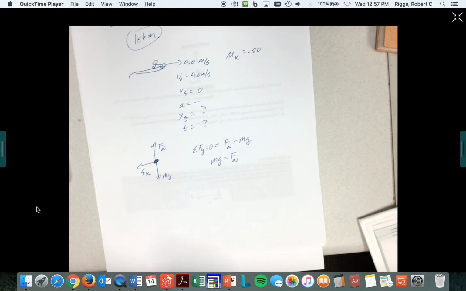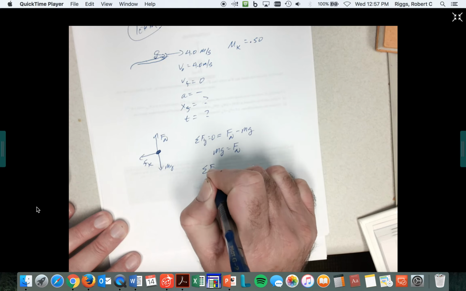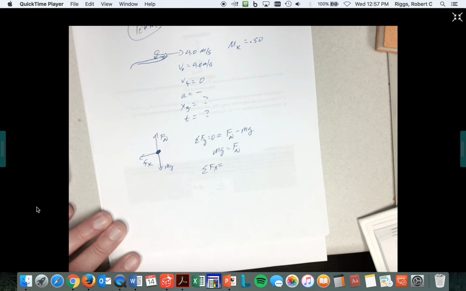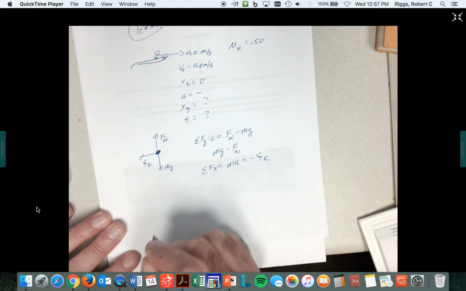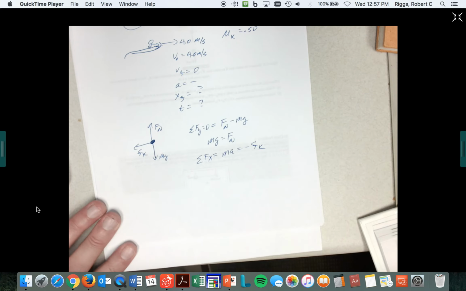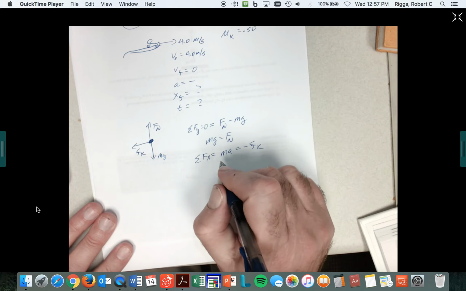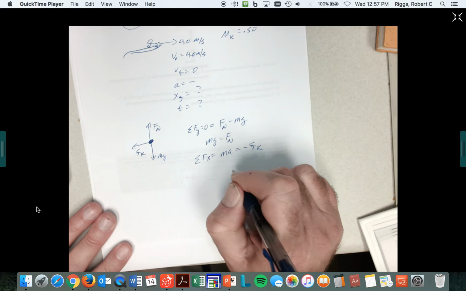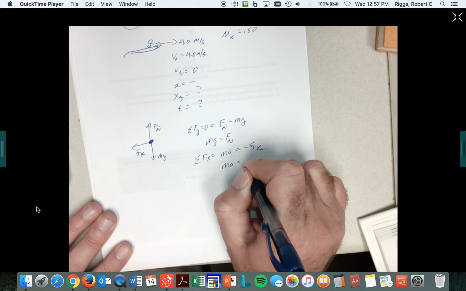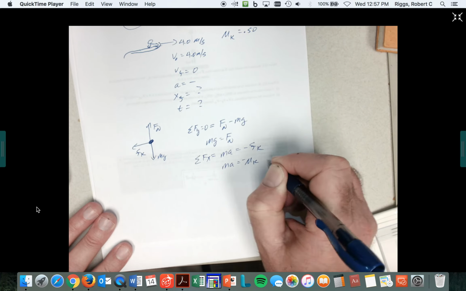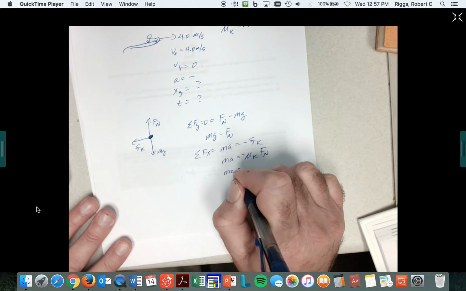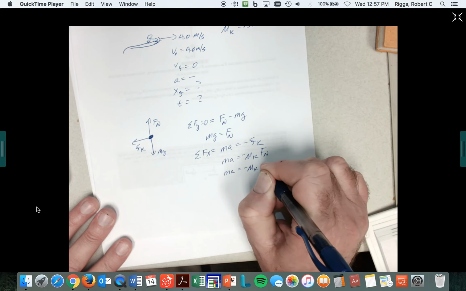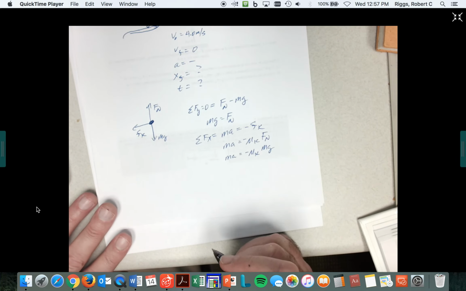All right, sum of the forces in the x direction. He's got a negative acceleration equal to minus f of k. Now, they didn't give us a mass. I wonder why. Probably figured that out. So ma is equal to minus mu k times the normal force. ma then equals minus mu k times mg. Did that substitution.